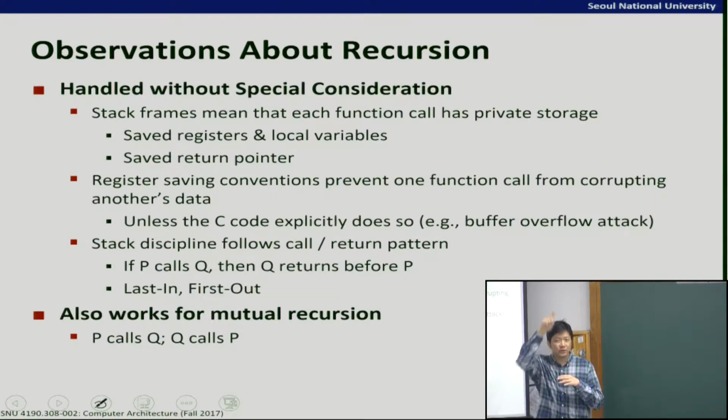A bunch of stack frames there. And if you have some malicious code, that can overwrite some random stack location, for example the return address, right? Because whenever you call a function, you store your return address in the stack. But what happens if you overwrite this return address with some malicious address?